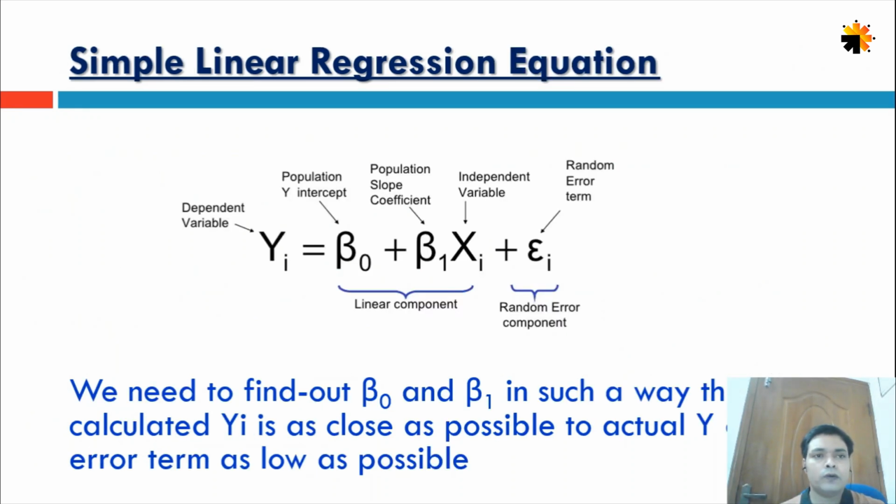So now, coming back, I wanted to discuss the equation. How does the simple linear regression equation look? It has y_i equivalent to beta naught plus beta 1 x_i plus epsilon. So up to here, y is equal to mx plus c, but what happens is that whatever you predict is not the same as your actual value.